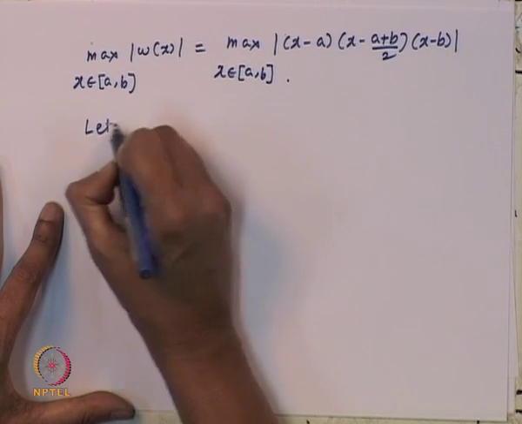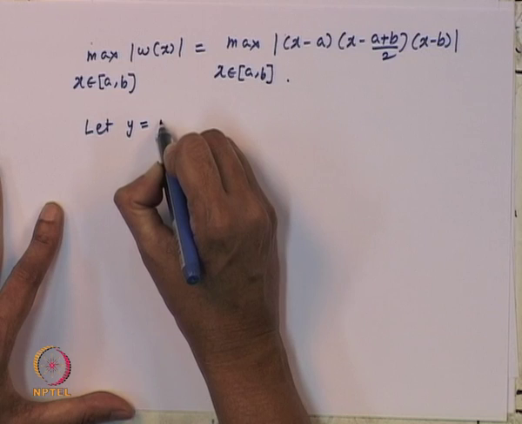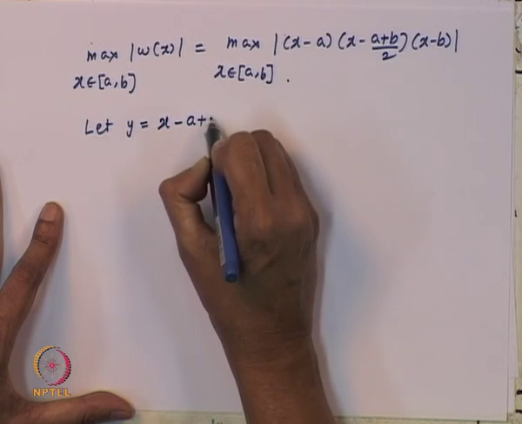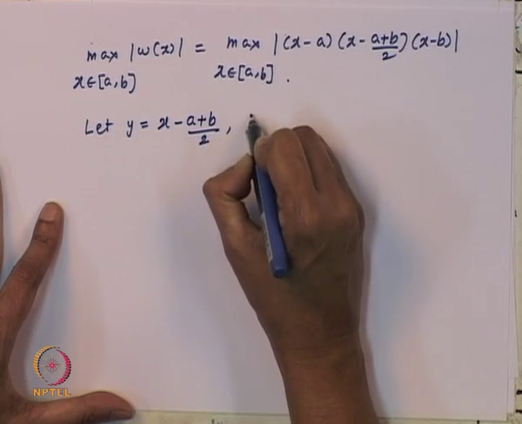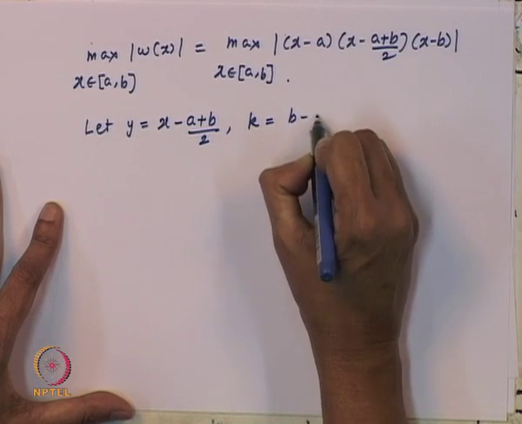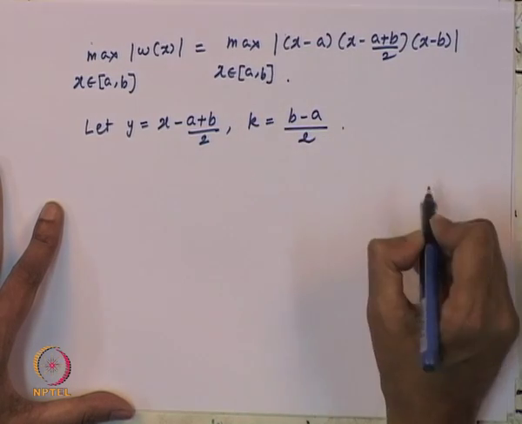So, let y be equal to x minus a plus b by 2 and k to be equal to b minus a by 2.